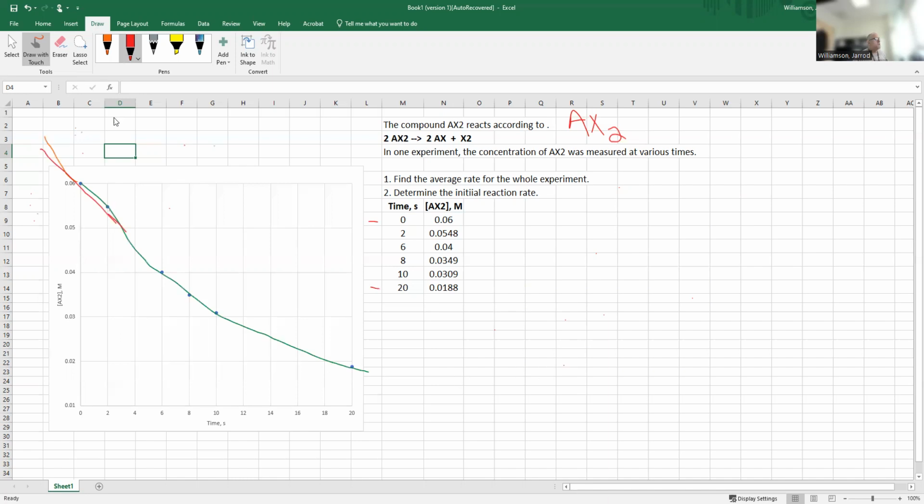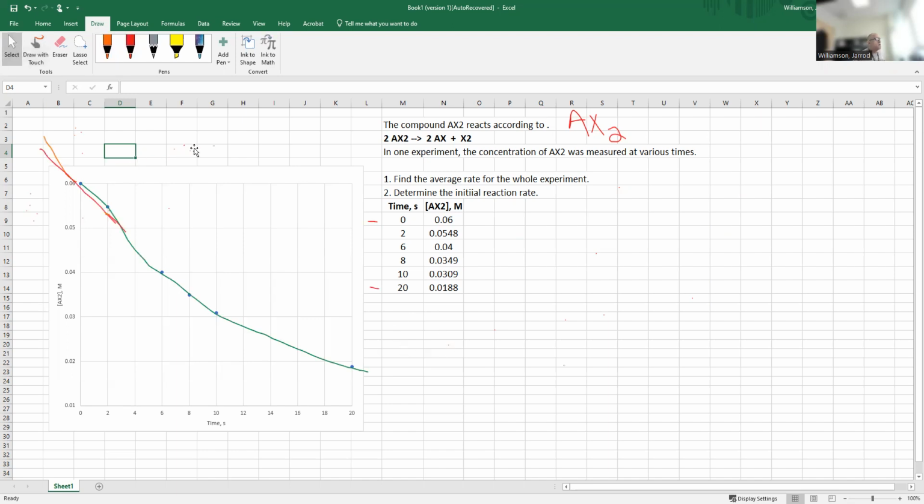All right. So now what I need to do is take 2 points off of that tangent line. So I'll take a point here. This point right there. Blinking again on me. I'm using this feature for the first time.